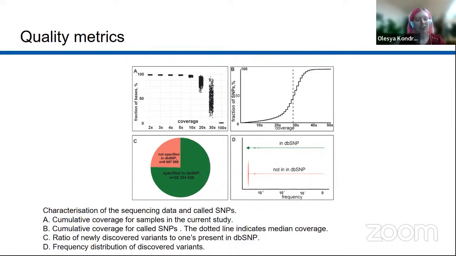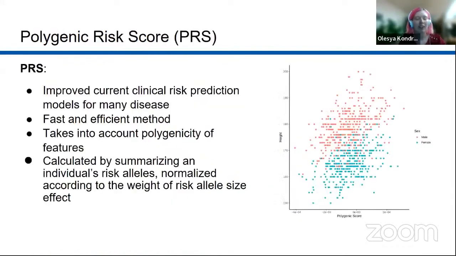Coverage of bases is shown on pictures A and B. On the slide, on average, 19% of bases were covered with more than 10 reads. The SNP pictures describe called SNPs, the majority of which were in previously published databases. So we can use that data set for population studies.